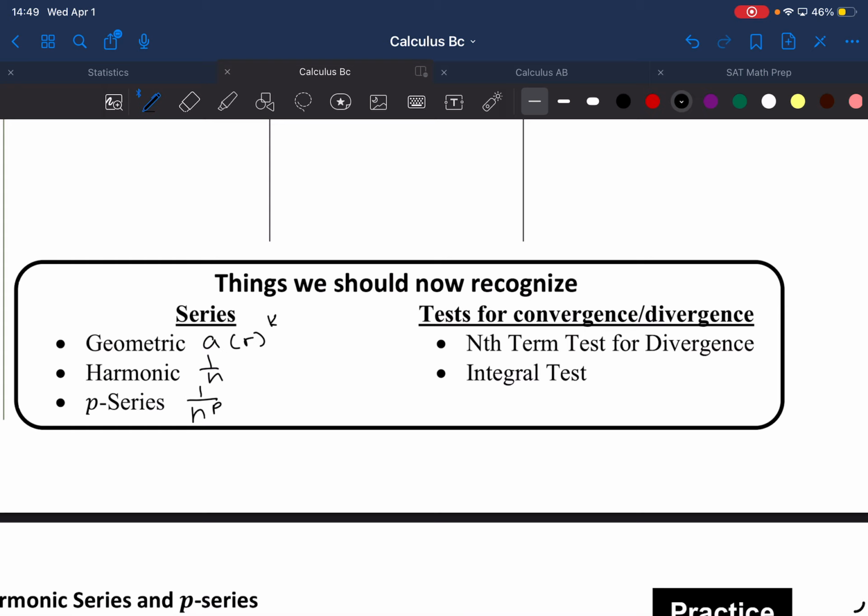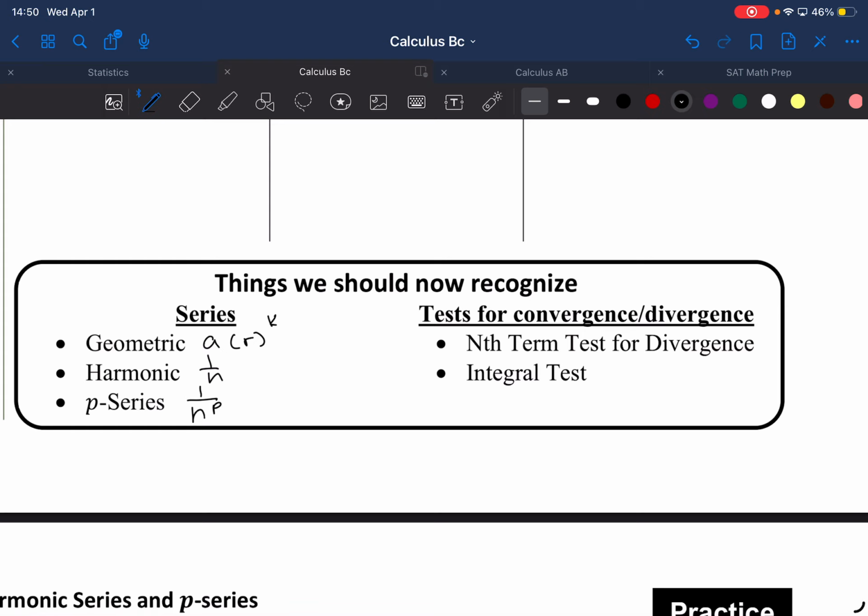You also need to remember the rules for the nth term test for divergent, okay, and the integral test. So remember, the nth term test for divergence states that if we take the limit of the summation, as long as we don't get 0, then we know that this series is diverging. Okay, it's in the title. Okay, the integral test is the integral test for convergence.